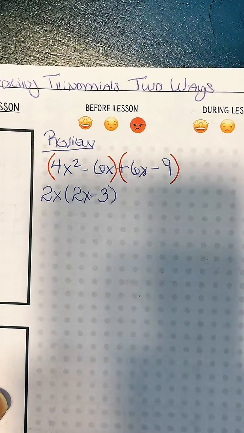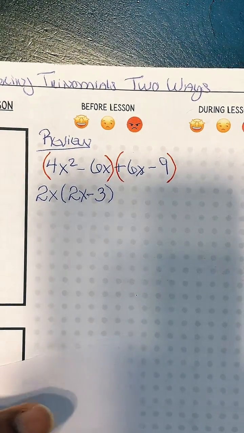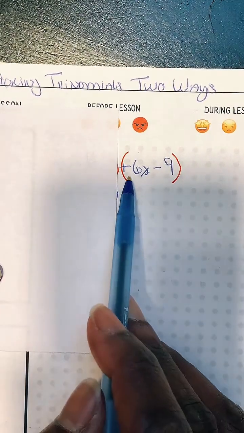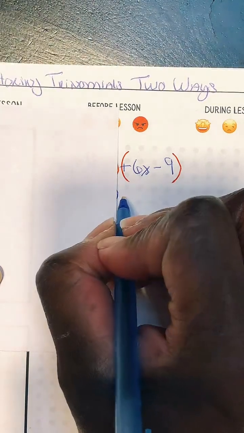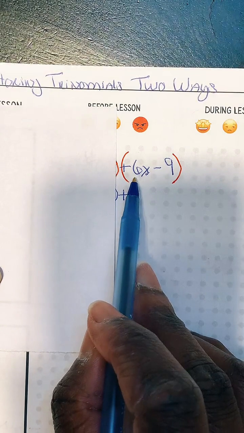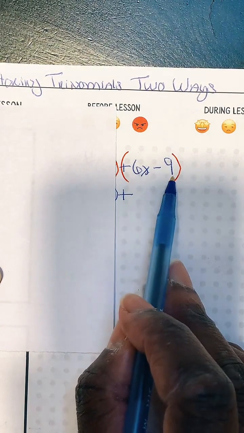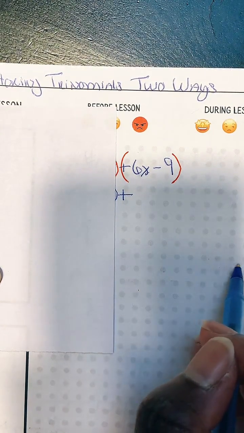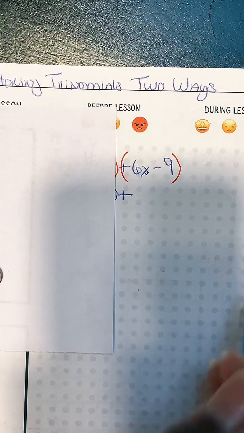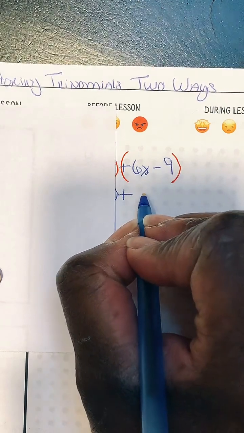Now we're going to do the other side. Since the leading coefficient, which is 6, is positive, we're bringing down our plus sign. And now, what number do 6 and 9 have in common? Sasha's saying 3. Okay.